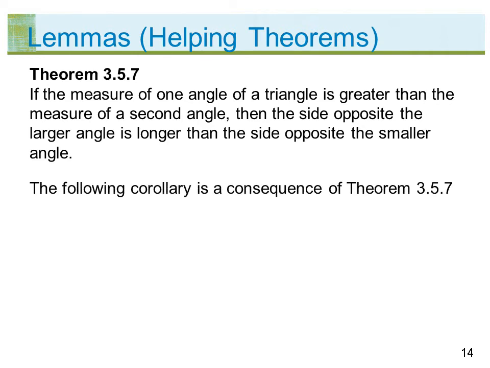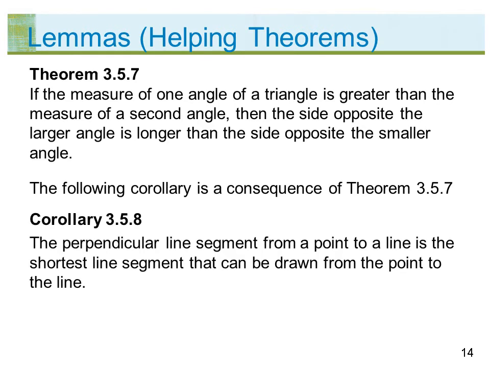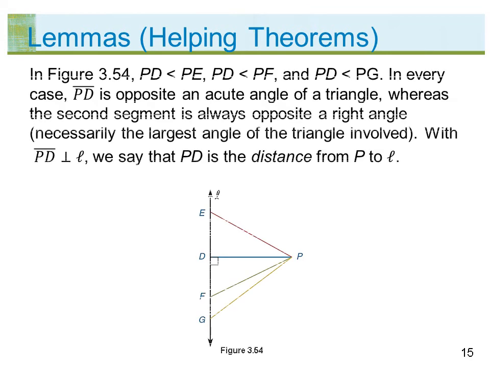The following corollary is a consequence of Theorem 3.5.7. Corollary 3.5.8: The perpendicular line segment from a point to a line is the shortest line segment that can be drawn from the point to the line. In Figure 3.54, PD is less than PE, PF, and PG.